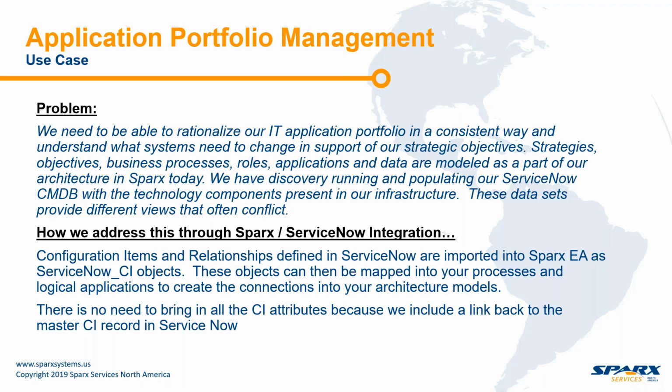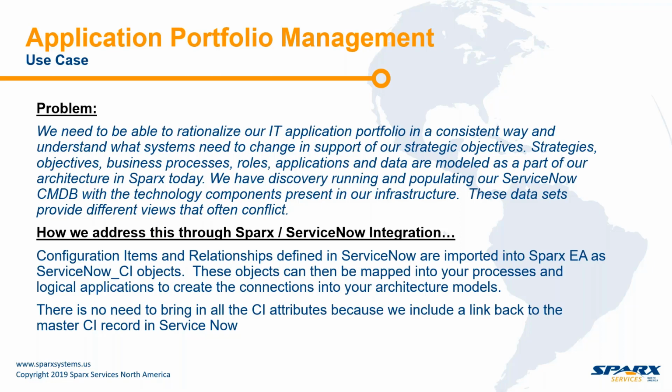But at the highest level, the problem statement that we see from customers is we need to be able to rationalize our holistic IT portfolio in a way that we can see what systems need to change to meet our strategic objectives.